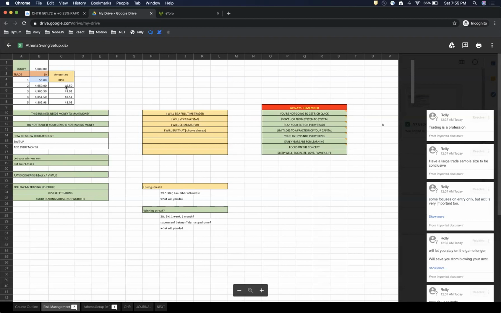So pag nakakita ka uli, i-minus mo uli yung 49.50 mo for 4,900.50, which is dito na sa third setup na nakita mo, and yung i-risk mo is 1% of that, which is 49.01. So I hope I did my calculation correct in doing this in Excel. And so on and so forth.